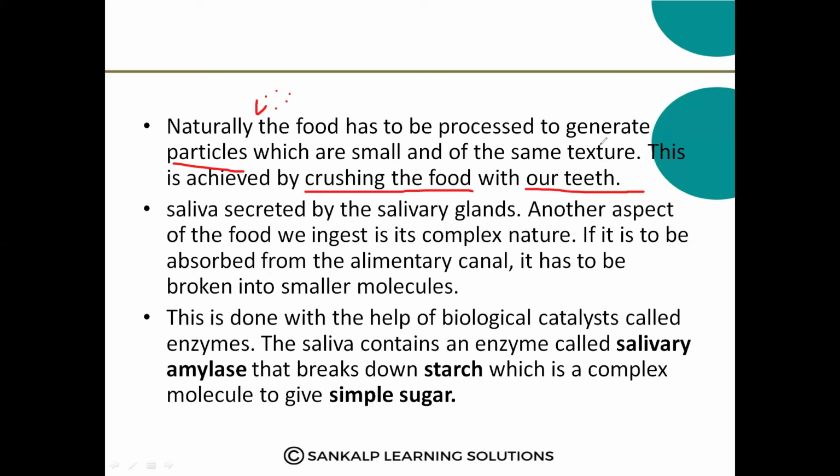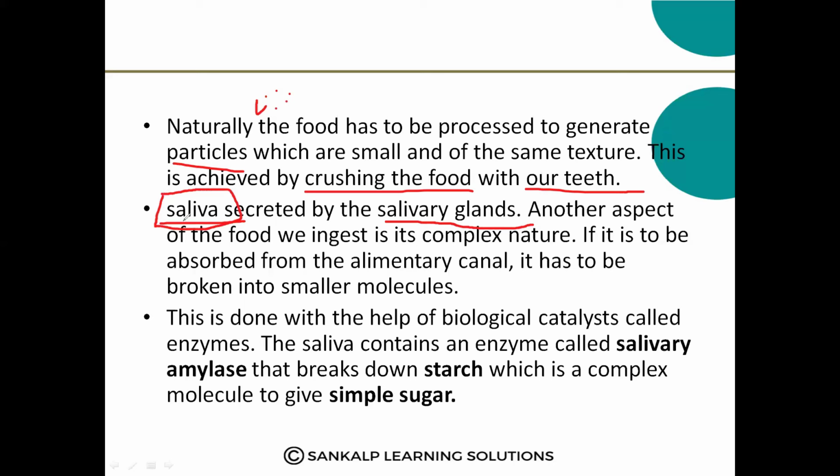In our mouth, there is a specialized gland called the salivary gland, which is present just below the tongue. When you think about mangoes and all, your mouth starts to water, right? It is not water, it is saliva. The water which is secreted inside our mouth is not water, it is called saliva.